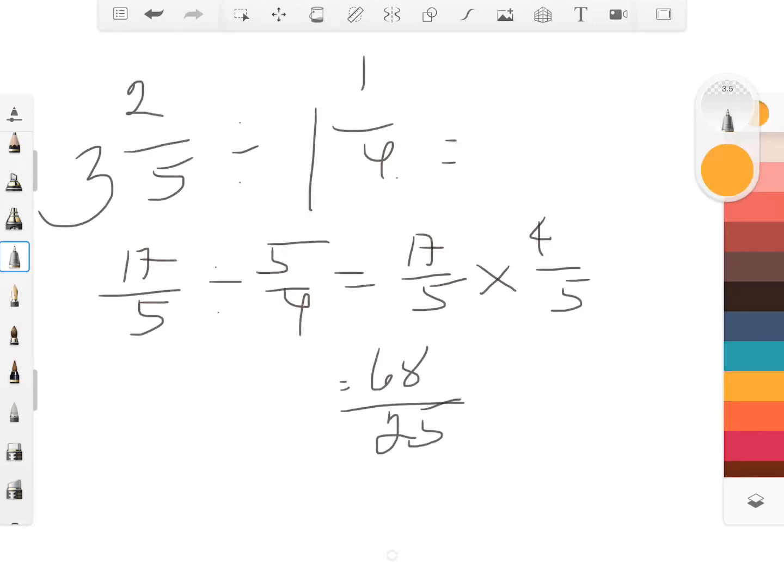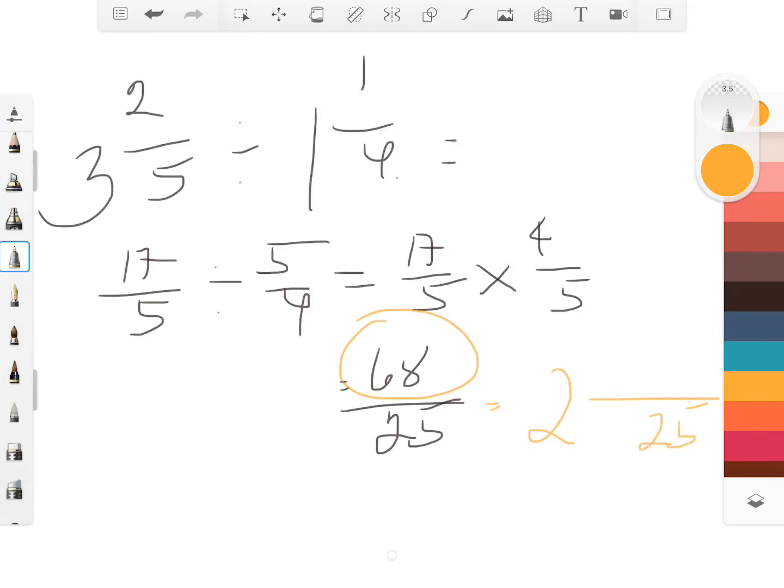Again, notice that the numerator is bigger than the denominator, therefore we need to reduce this into its lowest form by turning it into a mixed number. So 68 divided by 25 is 2. And if we're doing this, just copy the denominator.